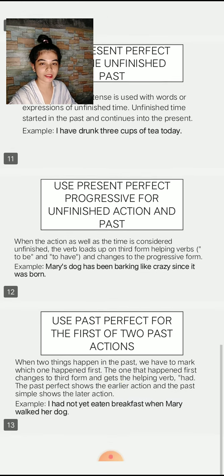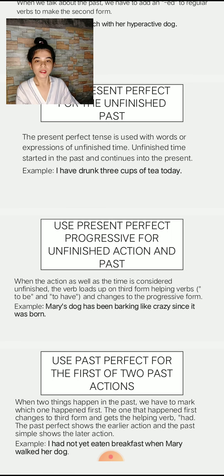And next one is use present perfect progressive for unfinished action and past. So, when the action as well as the time is considered unfinished, the verb loads up on third form helping verbs to be and to have and changes the progressive form.